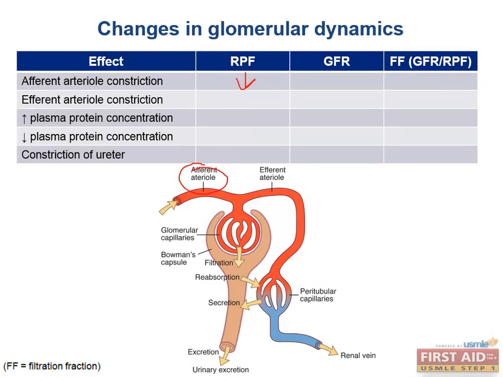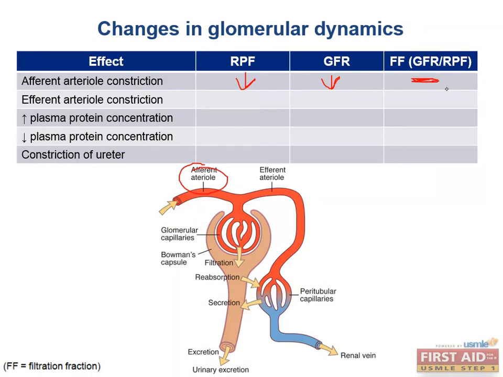It's going to decrease it. And what will that do to GFR? It will also decrease. And since both GFR and RPF have decreased, we know that filtration fraction will have no change.